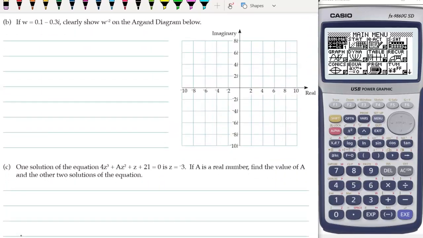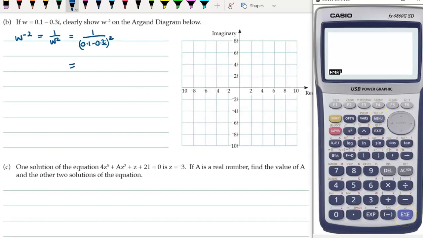Part B, we've got w. We need to find w to the minus 2 and put it onto the Argand diagram. So w to the minus 2 is 1 over w squared. So that's 1 over (0.1 minus 0.3i) squared. Now that much we can do on the calculator, save ourselves a bit of effort.